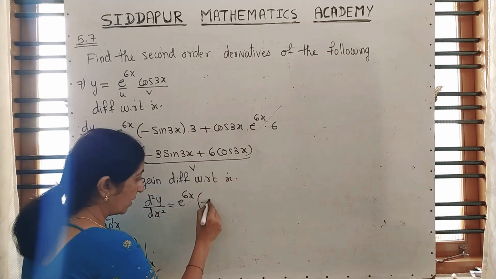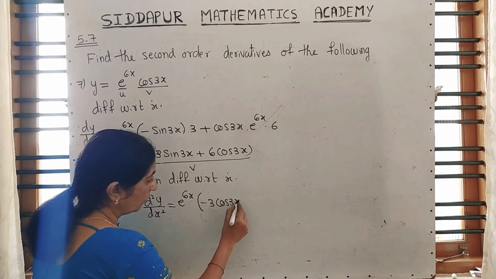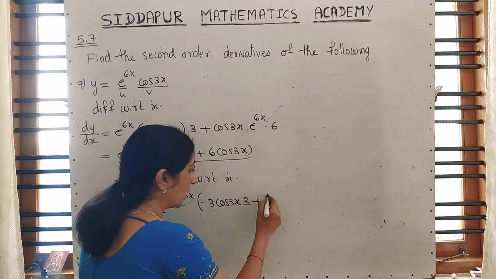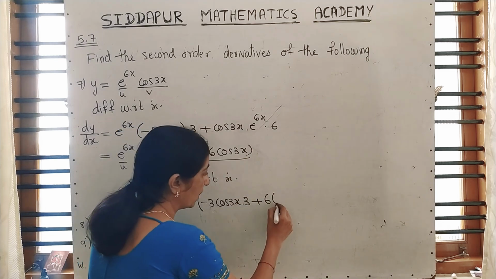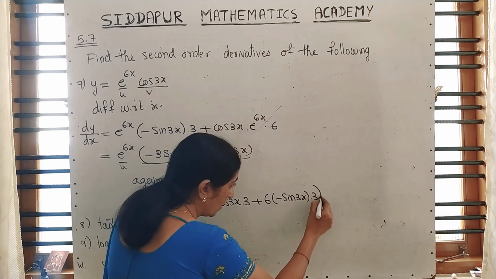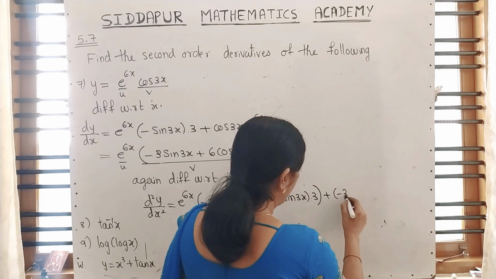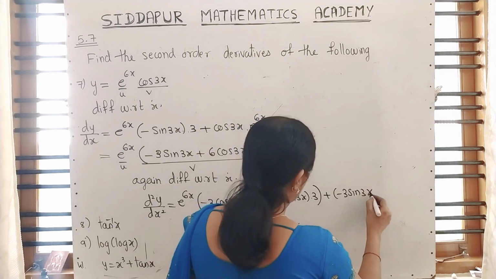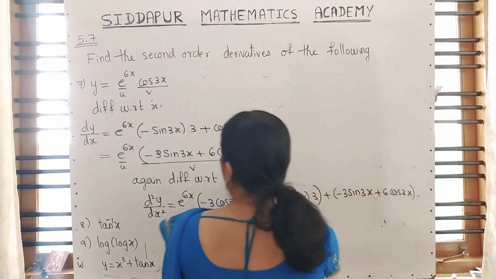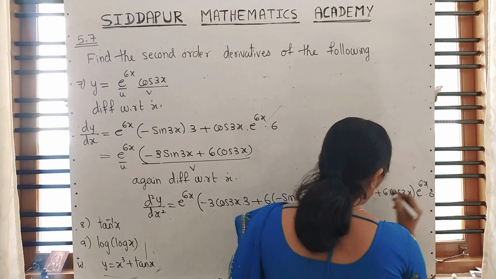Differentiating this, minus 3 as it is, differentiation of sin 3x is cos 3x into 3, plus 6 as it is, differentiation of cos 3x is minus sin 3x into 3. Bracket complete, plus this bracket as it is, minus 3 sin 3x plus 6 cos 3x into differentiation of e raised to 6x, which is e raised to 6x into 6.